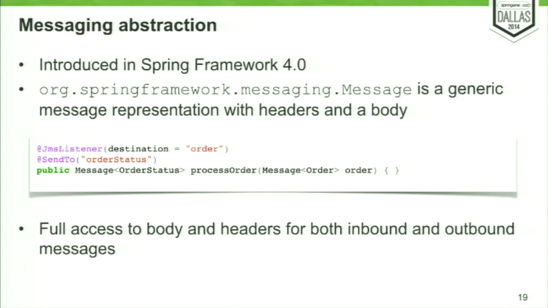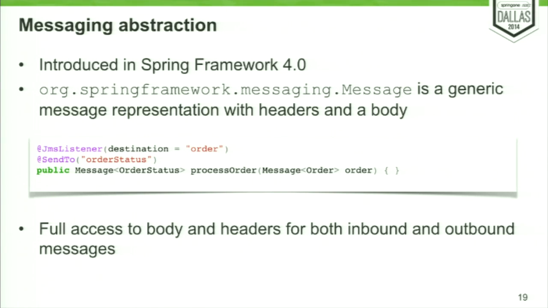Message is org.springframework.messaging.Message. So it's a common message type from the Spring messaging module, the same that you would also use if you want access to STOMP messages in web processing. Message of order gives you kind of the best of both worlds. You get a pre-converted payload object, and the message wrapper around it gives you access to the headers and other message context.